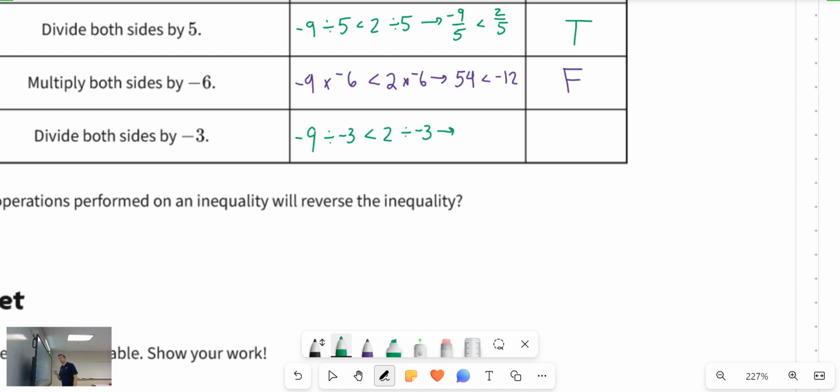Well, if we have a negative divided by a negative, those will be canceling each other out. So we'll end up with a positive. So 9 divided by 3 is 3. So this is 3 is less than, and we'll go with 2 divided by -3 is -2/3. Okay, this says that a positive number is less than a negative number. That is impossible, so this is false.